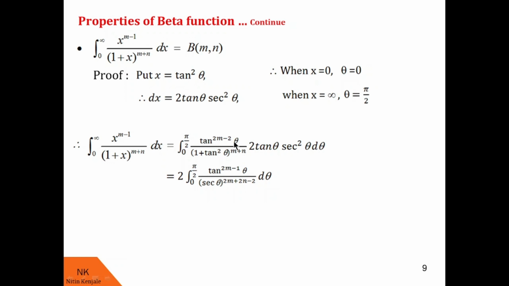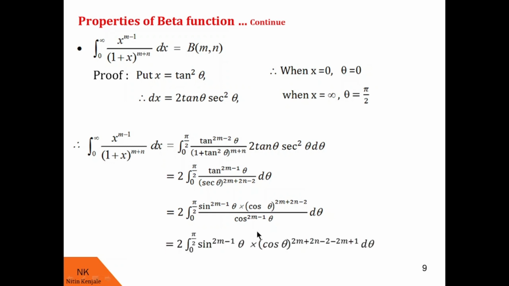Whereas the numerator becomes tan raised to 2m minus 2 theta into tan theta, that is tan raised to 2m minus 1 theta. Next we write this tan theta as sin theta upon cos theta and this sec theta as 1 upon cos theta. That cos theta term will go in the numerator. Then we finally take this cos theta term in the numerator. So this cosine will have degree 2m plus 2n minus 2 minus 2m plus 1.